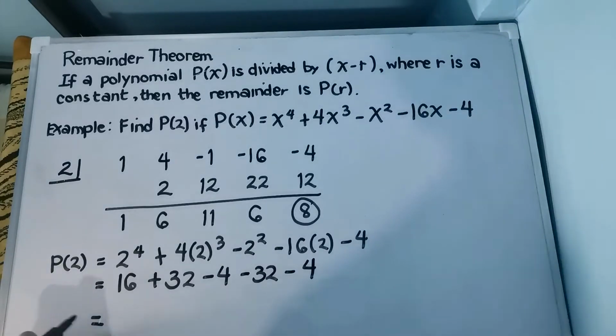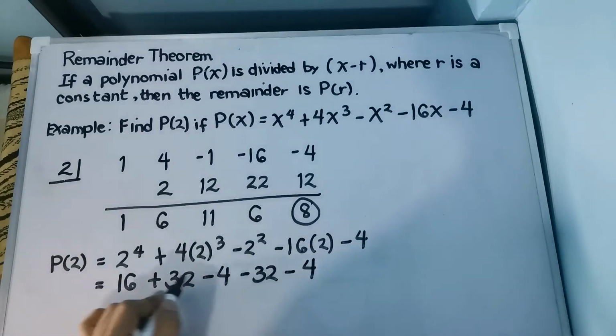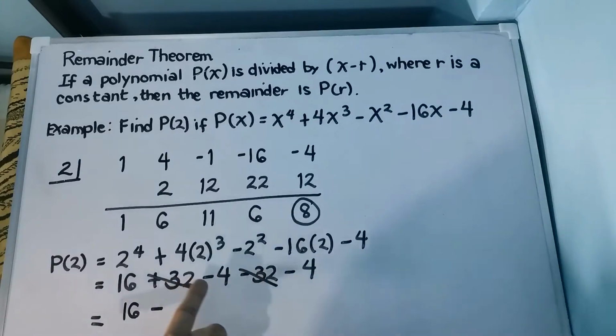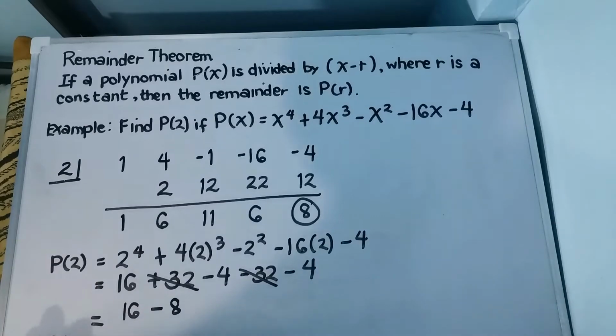And then yung 32 minus 32 is 0. So we have here 16 minus 4 plus 4, or negative 4 minus 4 is 8. So p of 2 is equal to 16 minus 8, which is 8.